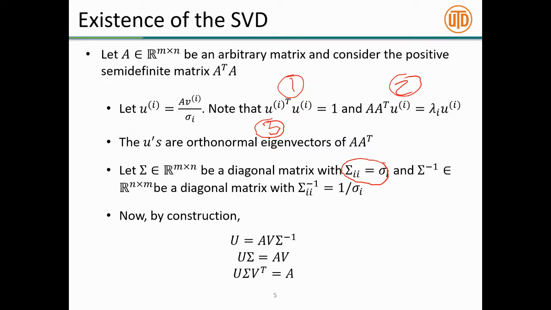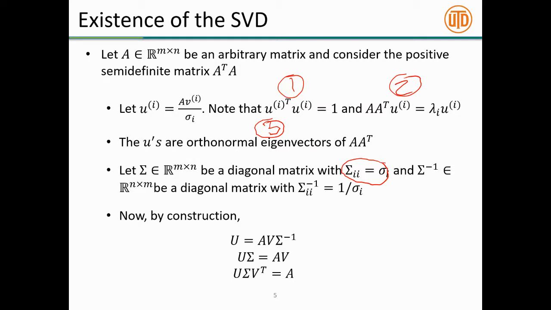And I'm similarly going to define sigma inverse to be a diagonal matrix with sigma inverse_ii equal to 1 over sigma_i. Strictly speaking, this sigma inverse matrix is an actual inverse in the sense that if I take sigma and multiply it by sigma inverse, I get the identity matrix.